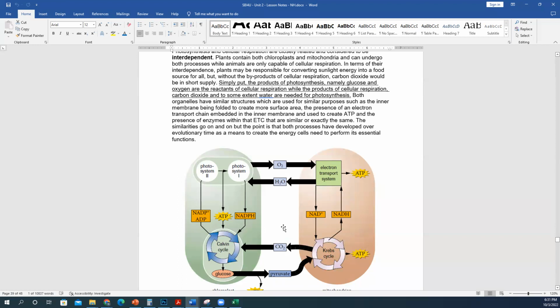Both of these organelles possess some similar structures, which are used in similar ways, such as their inner membrane being folded to create more surface area, both in the chloroplast and in the mitochondria.